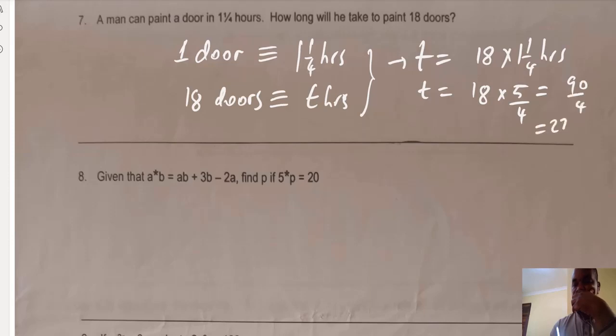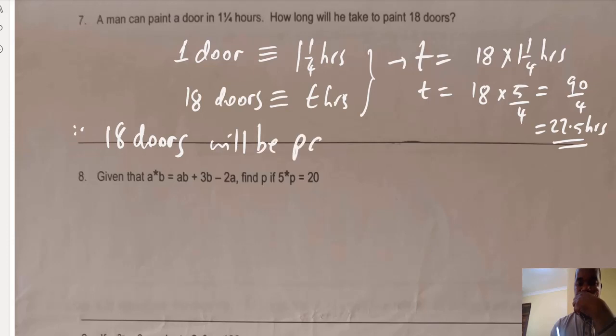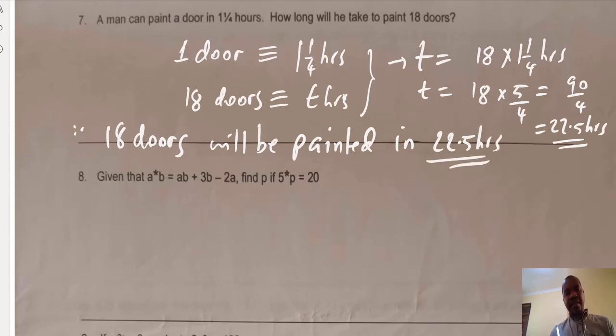You get 22.5 hours. So it means 18 doors will be painted in 22.5 hours. Thank you.